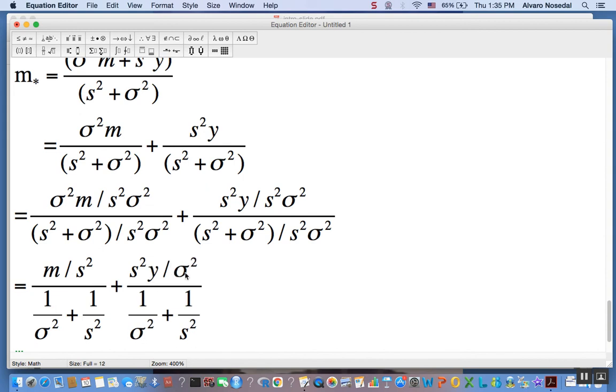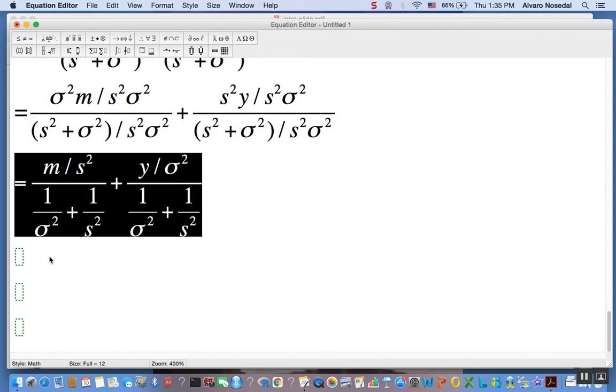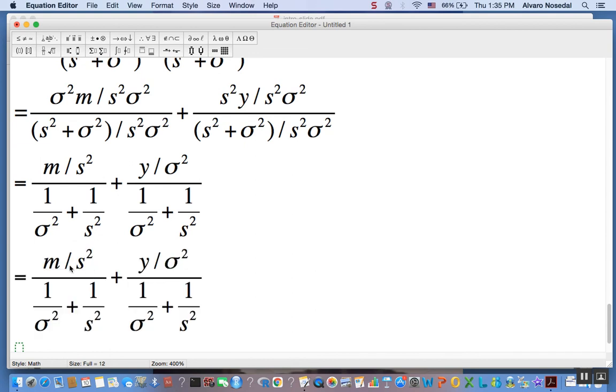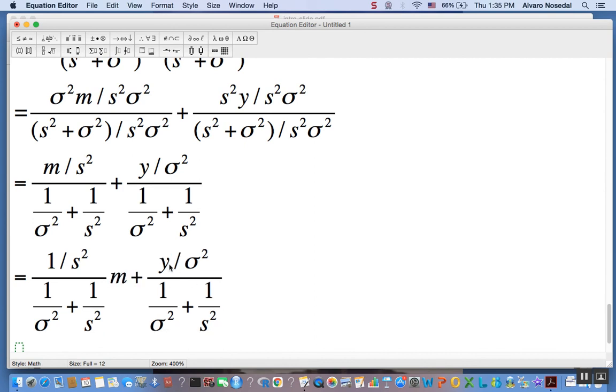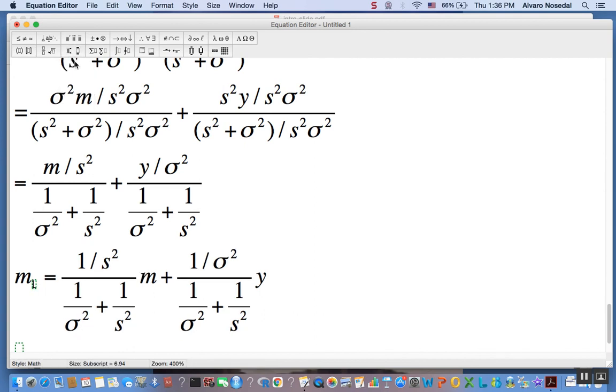These cancel out. There you are. Finally, let me rewrite this. That expression happens to be the same as 1 over s squared times m. This one happens to be 1 over sigma squared times y, and that is our m star, right? Our posterior mean.